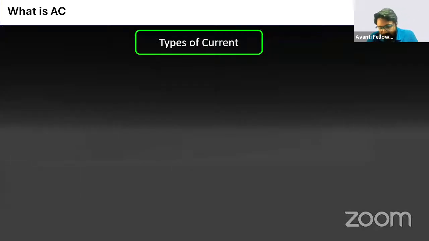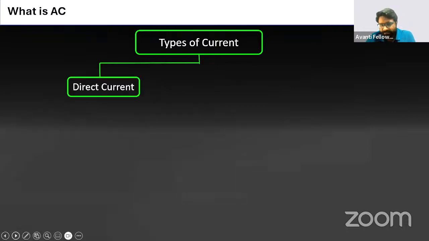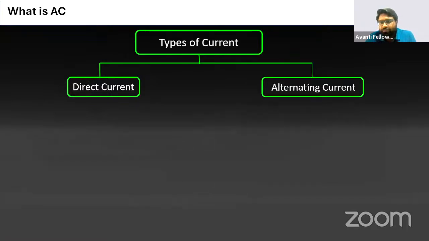First of all, we will see the types of current that we have. Generally, we talk about two types of current. First is direct current, which is DC, and the second one is alternating current, which is this chapter that we are going to learn.